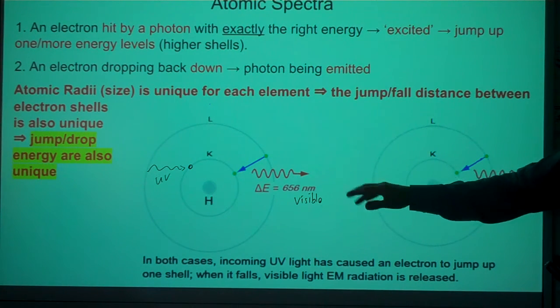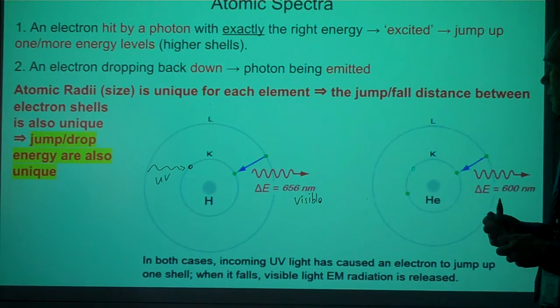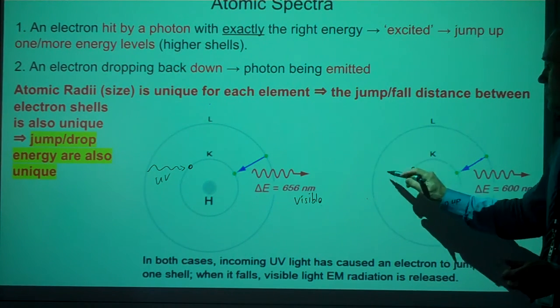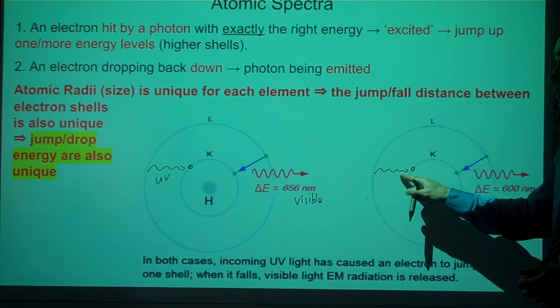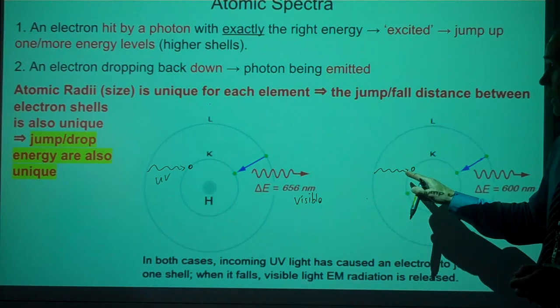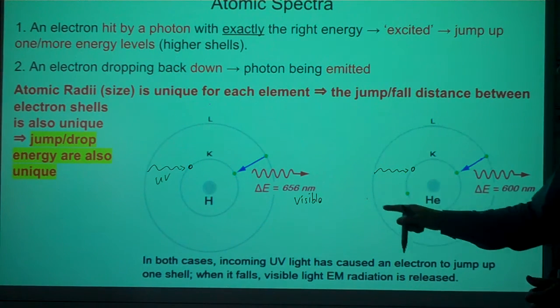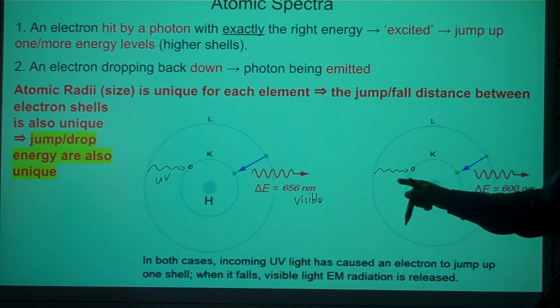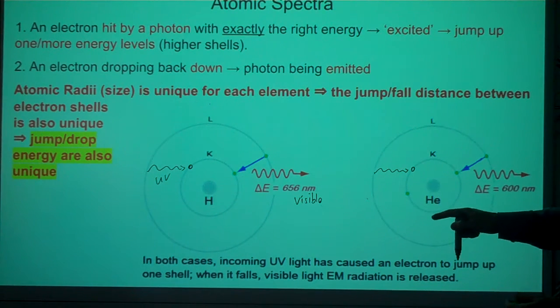Now that's for hydrogen. This is helium having the same kind of reaction. The electron was there. It gets hit with exactly the right amount of energy, but a different right amount of energy. Which of these is bigger, hydrogen or helium, in terms of size? Hydrogen. Actually, it's hydrogen.